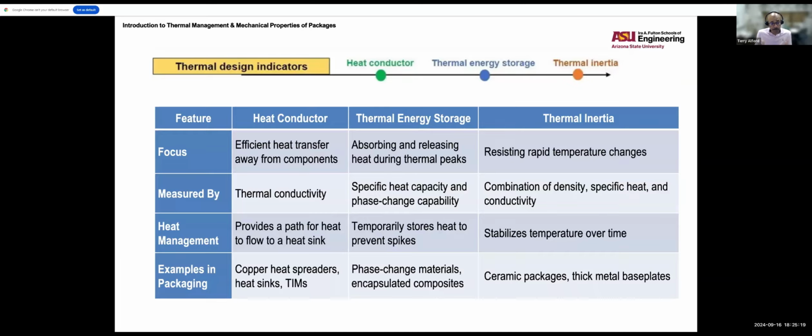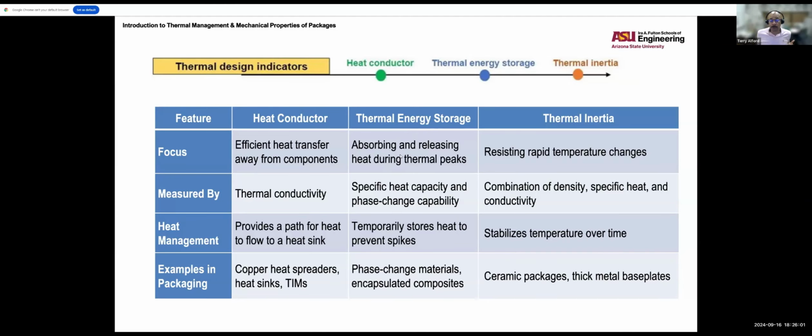We talk about their thermal conductivity, and they provide a path for the heat to flow to the heat sink. Earlier we saw our heat spreader, that schematic with the fins, call it a heat sink, whatever, in our TIM material. So again, heat conductors transport the heat away from the component. That's their job.